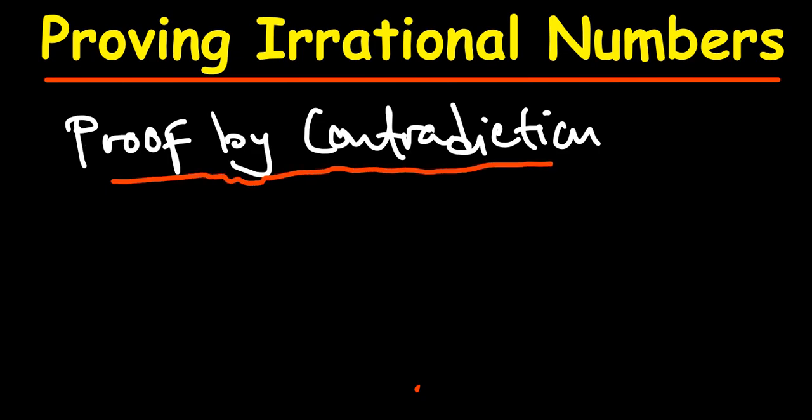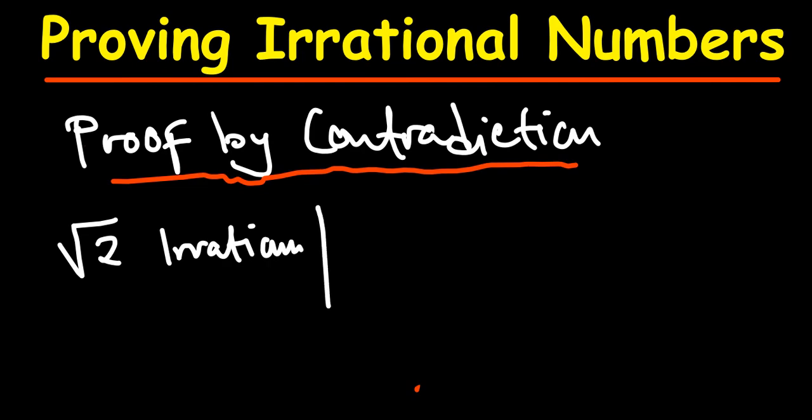In this proof by contradiction, we assume the opposite of what we want to prove. Let's say, for example, I want to prove that the root of 2 is irrational. In this proof, I'm going to assume the opposite of what I want to prove.